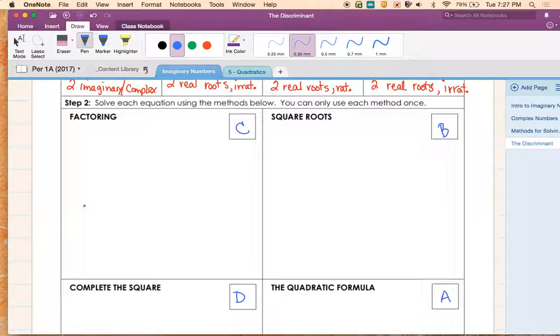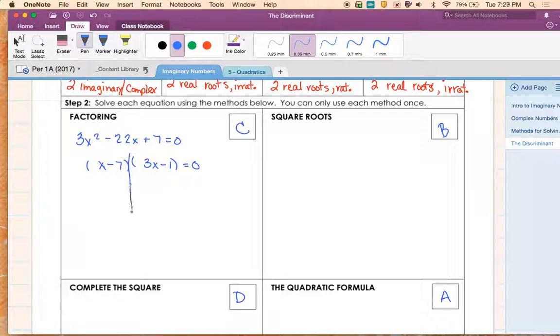Okay, hopefully you unpaused it. You've already solved it on your own, using these methods. For the factoring, the function was 3x squared minus 22x plus 7 equals 0. The 2 factors are x minus 7 and 3x minus 1. And you either need to ask Mr. Stoddard or someone to help you how I got that, because you got to know how to factor.